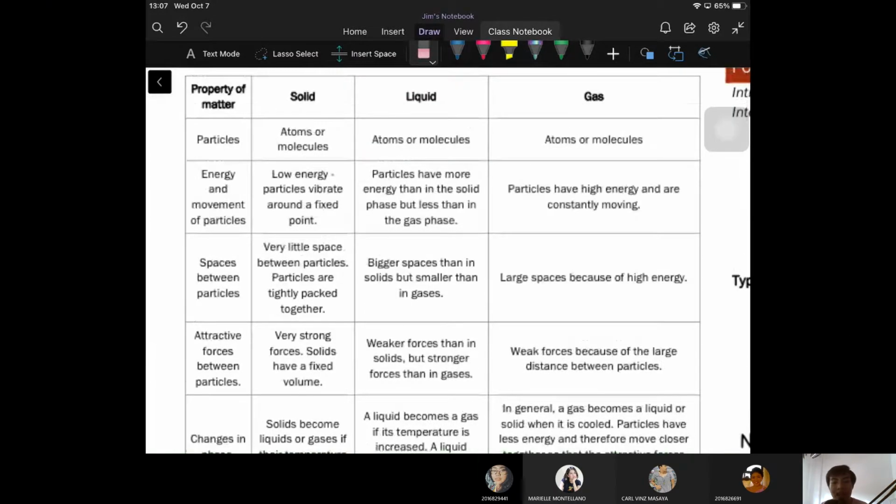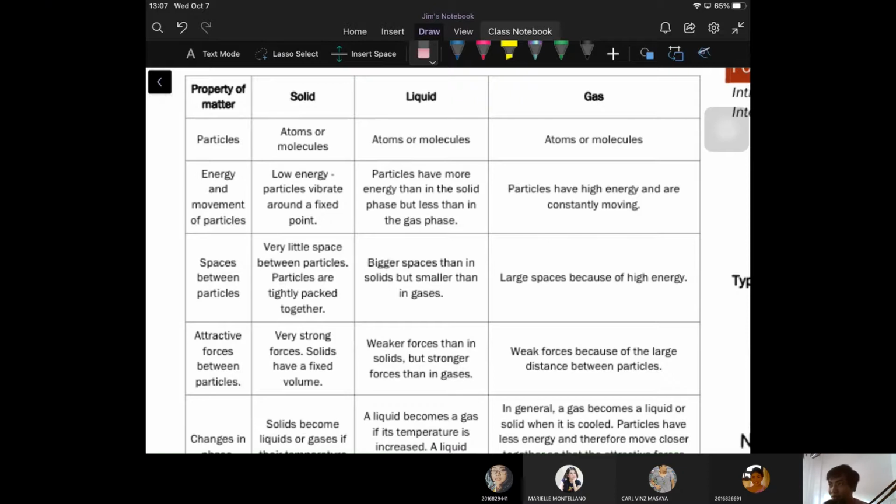So, for solids, ang attractive forces nila ay very strong. Masyadong malakas yung attraction nila. That's why the particles are close together. Pag liquids naman, yung particles medyo may distance because may weaker forces than in solids but stronger than in gases. Kumbaga siya yung in between.